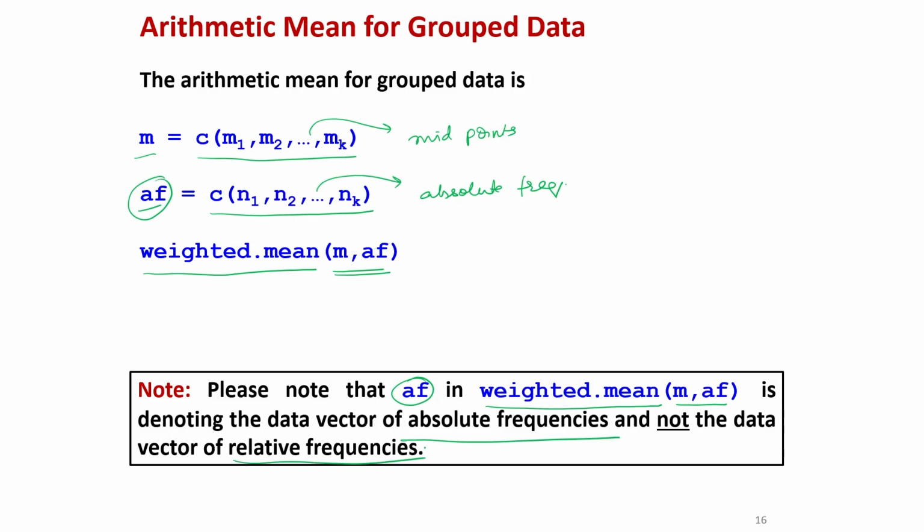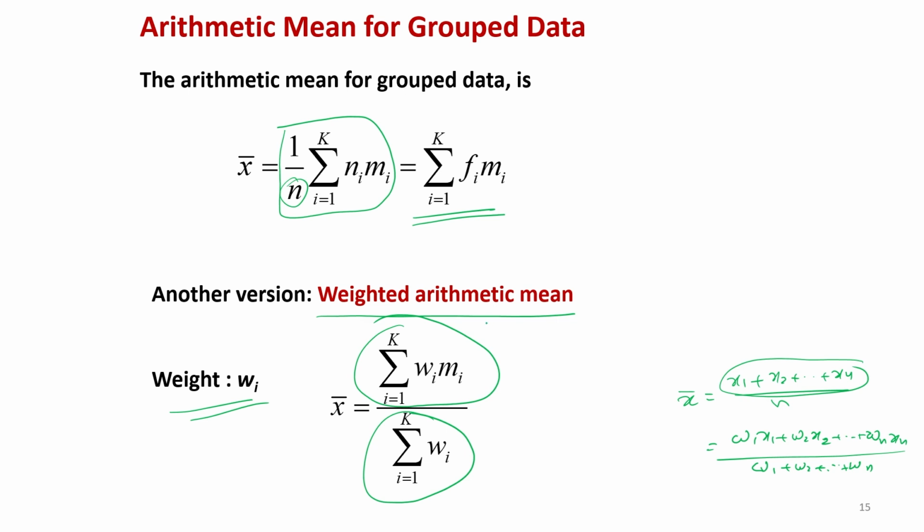This is what you have to keep in mind. Don't get confused with the letter f. It is only indicating af, that is absolute frequencies, and weighted.mean will automatically compute this quantity.